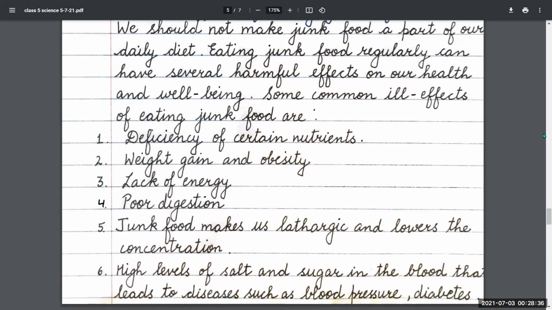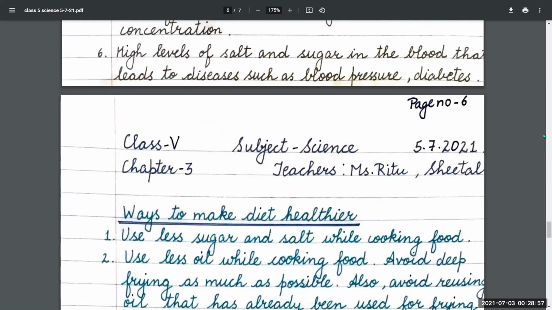Junk food makes us lethargic and lowers the concentration. And high levels of salt and sugar in the blood that leads to diseases such as blood pressure and diabetes.